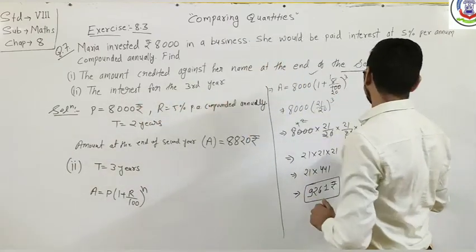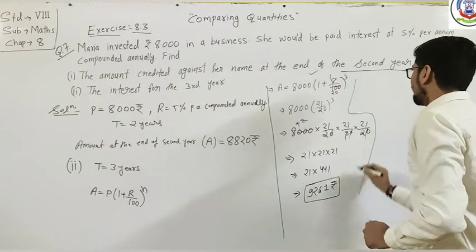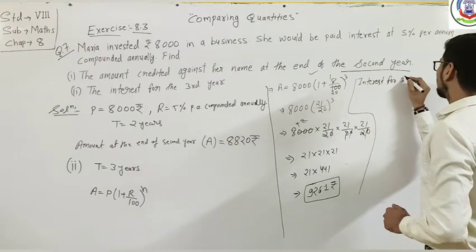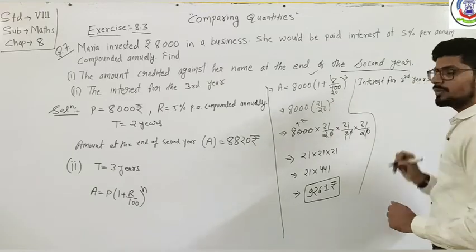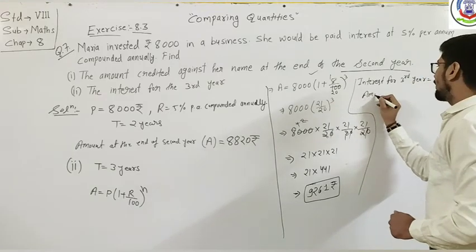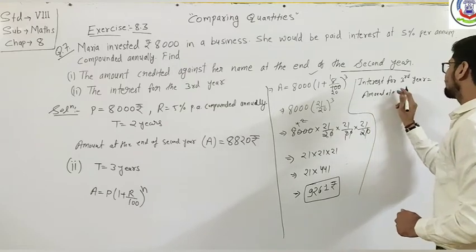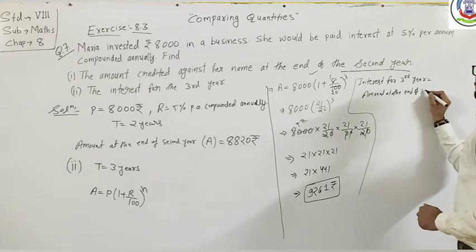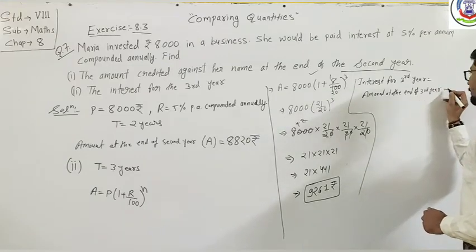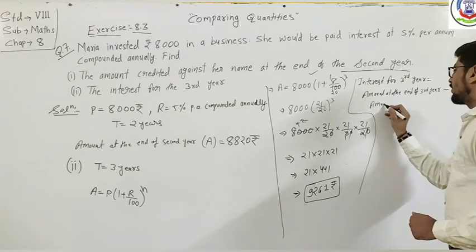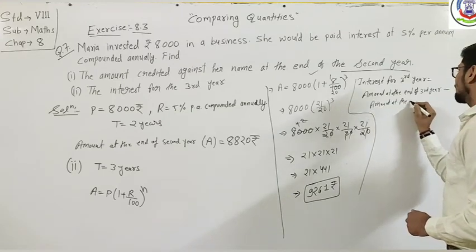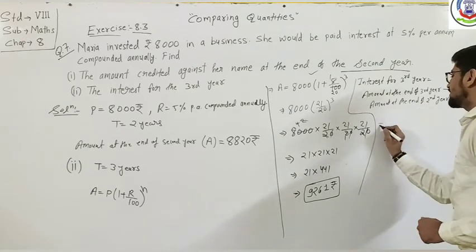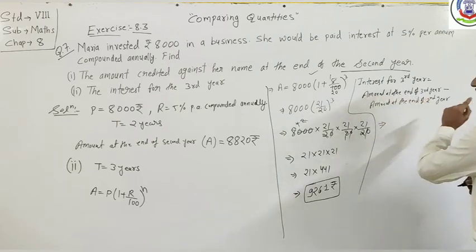So our interest for third year is equal to amount at the end of third year minus amount at the end of second year. What is our amount at the end of third year?